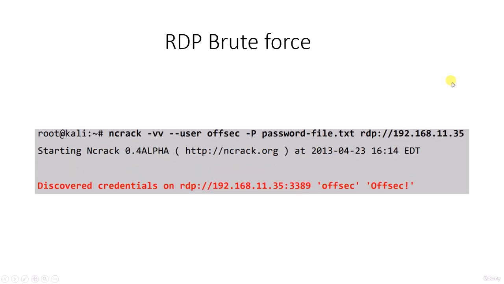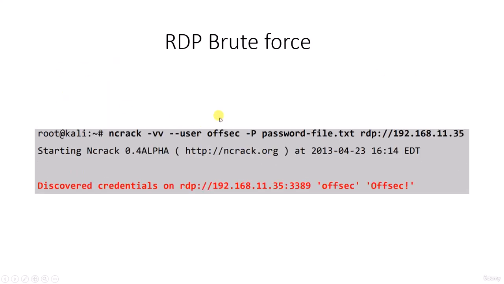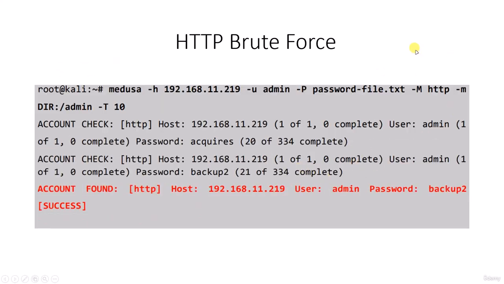Just use the Medusa command on your Kali Linux. All of those tools are built in. The Medusa tool is also built in, and you just specify the target machine. Then -u gives the username, and -p gives the password file, which is a text file in the root directory, because no other directory was set.